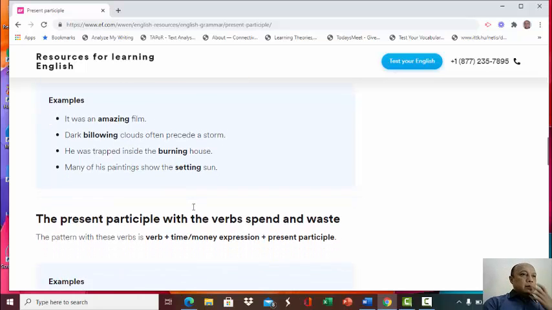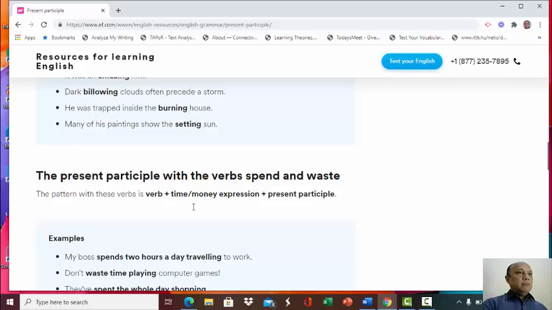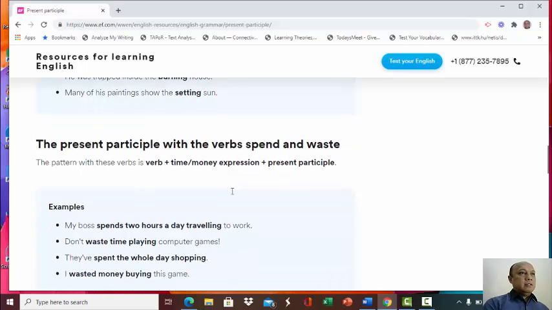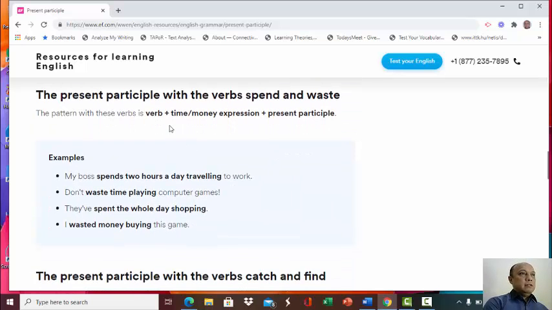Okay. And then you have a present participle with the verbs spend and waste. You have this pattern: verb plus time or money expression plus present participle. For example, my boss spends 2 hours a day traveling to work. See, we have spend here, the verb. And then you have a time expression.